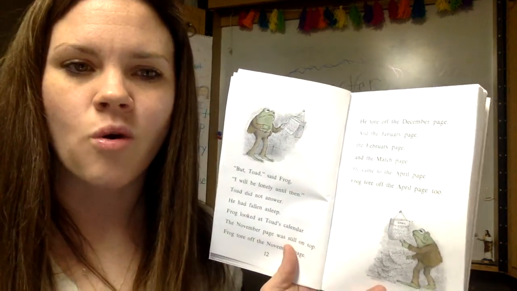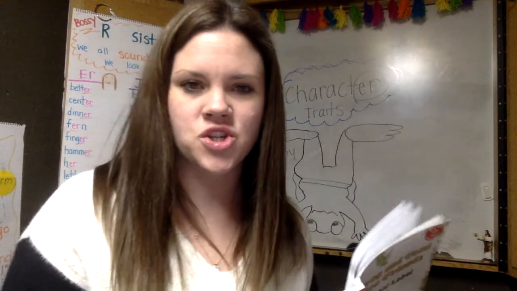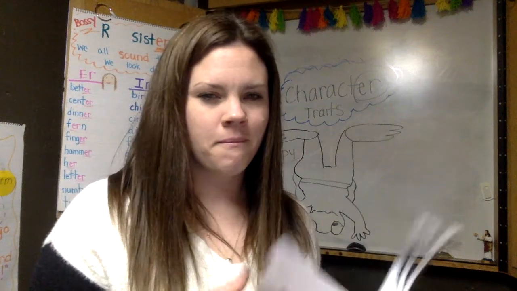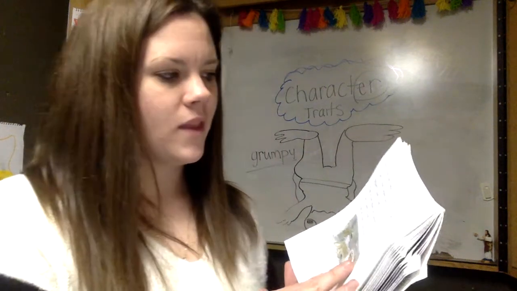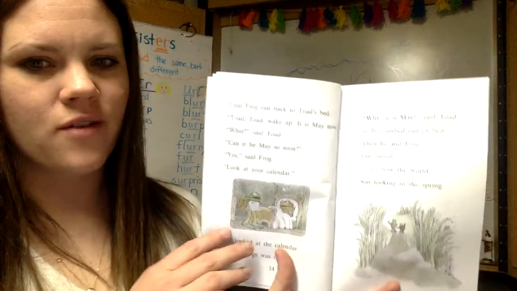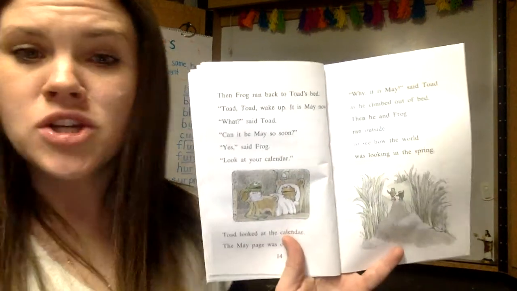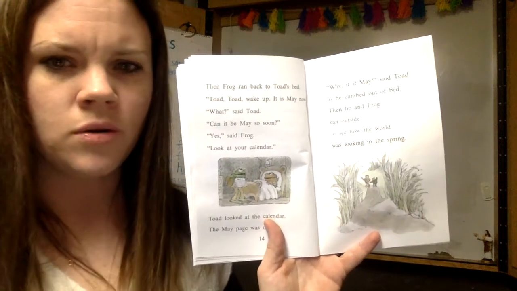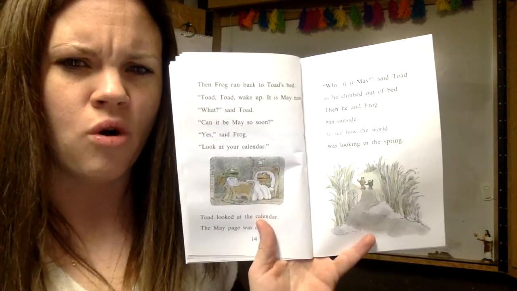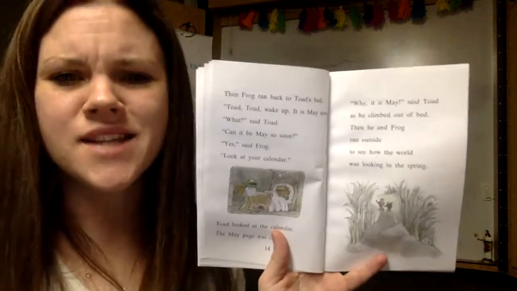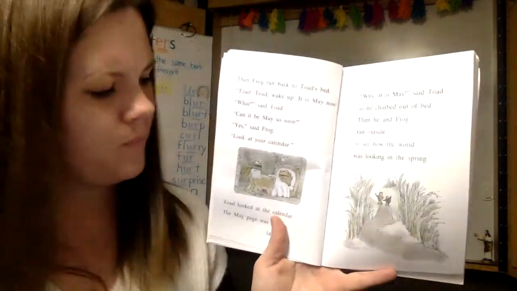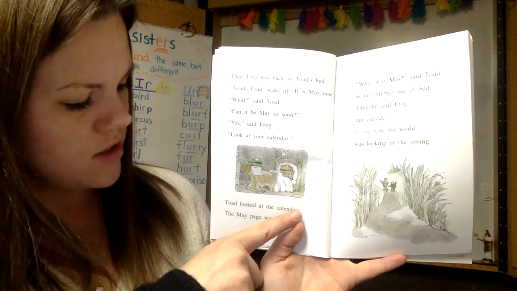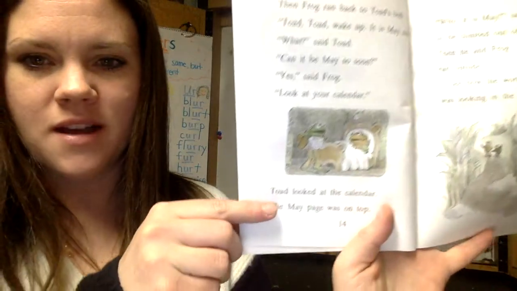And Frog tore off the April page too. Then Frog ran back to Toad's bed. "Toad, wake up! It is May now." "What?" said Toad. "Can it be May so soon?" "Yes," said Frog. "Look at your calendar." Toad looked at the calendar, and the May page was on top.